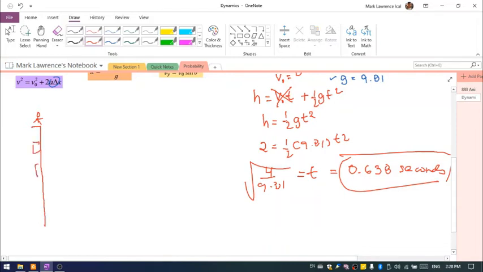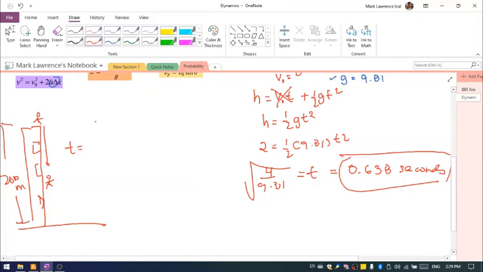Let's say this is a building, and the building is, let's say, 200 meters. Then you start free falling. You drop. That's you. Calculate the amount of time, or what is the time that you're going to fall.